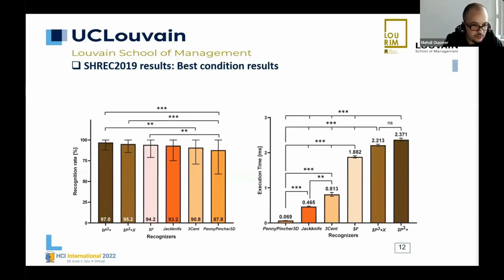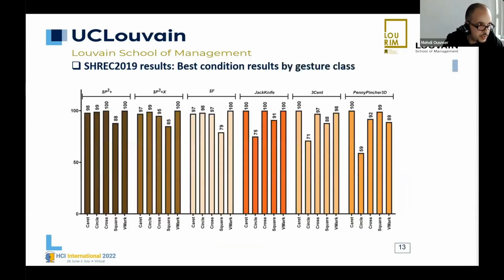Here we have the average results for the recognition rates and the execution time for different recognizers for the best condition. Here we have another bar graph which shows the number of recognized gestures for the best condition by gesture class.